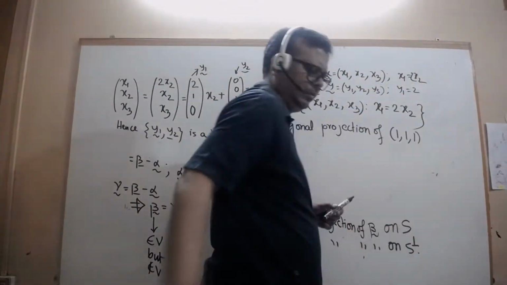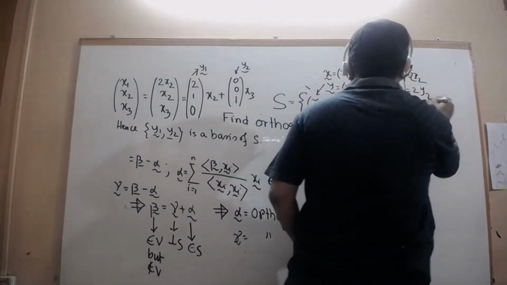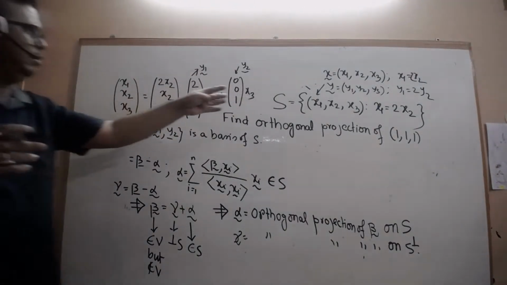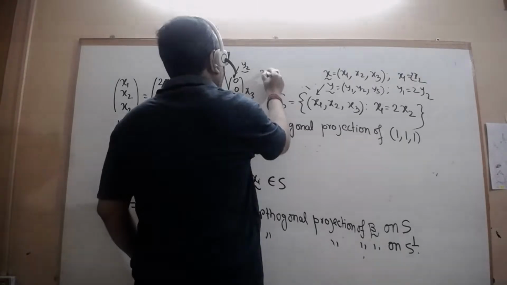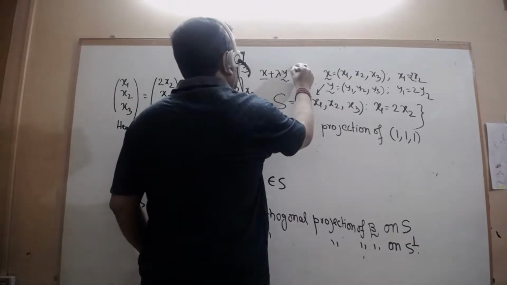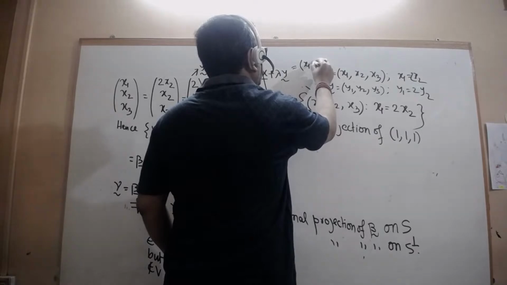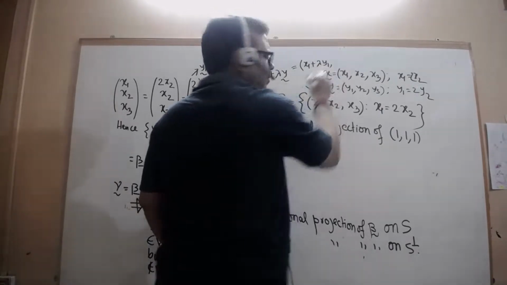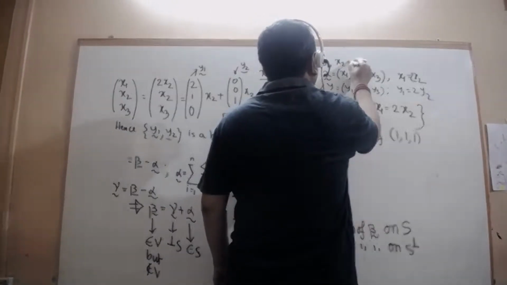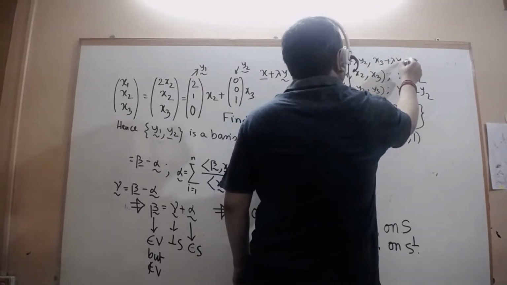So I am answering the question of Paulovi. Please note it. So take these two vectors from S, and you see that x plus lambda y curve is equal to x1 plus lambda y1, x2 plus lambda y2, x3 plus lambda y3.